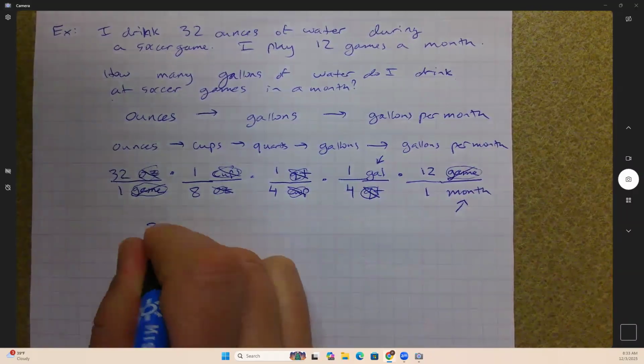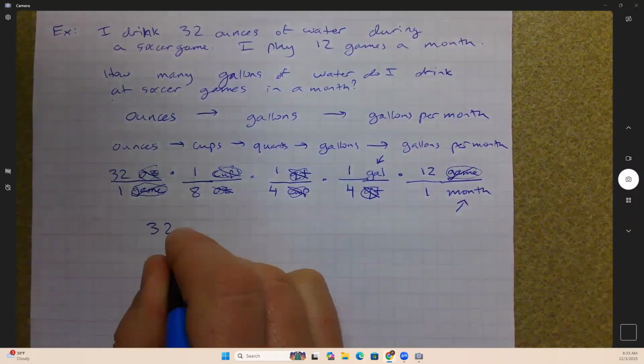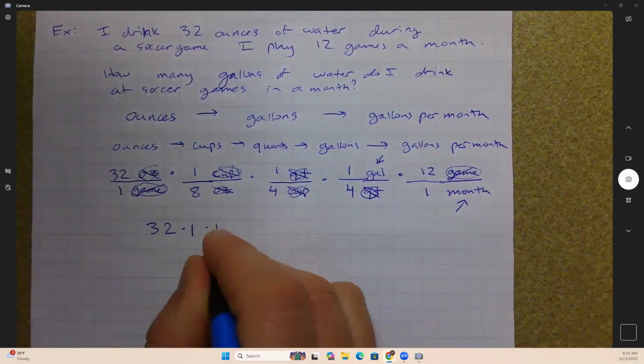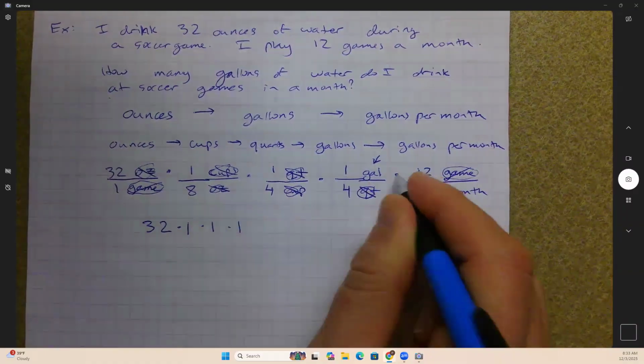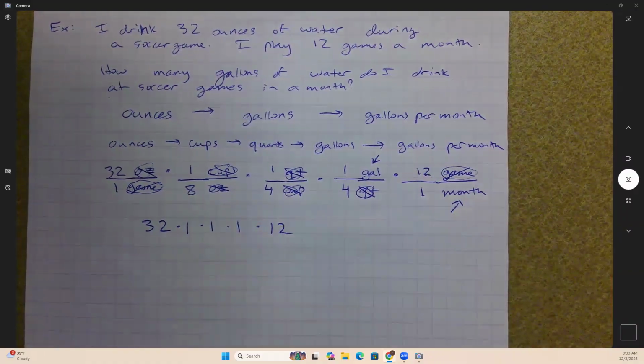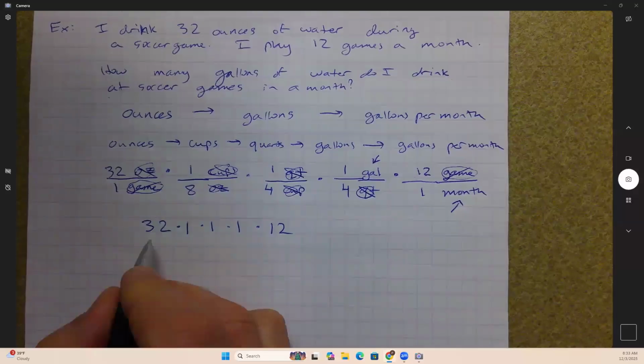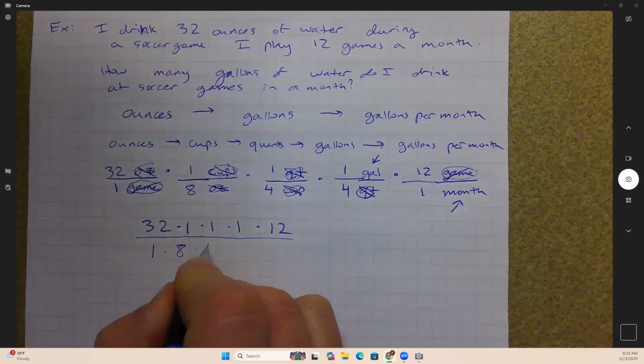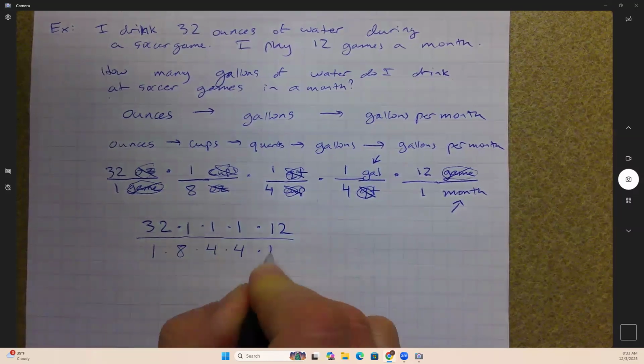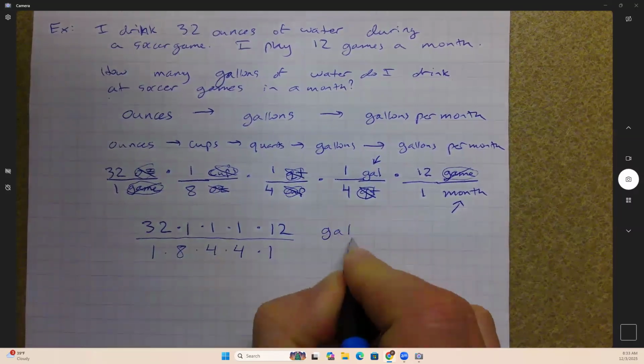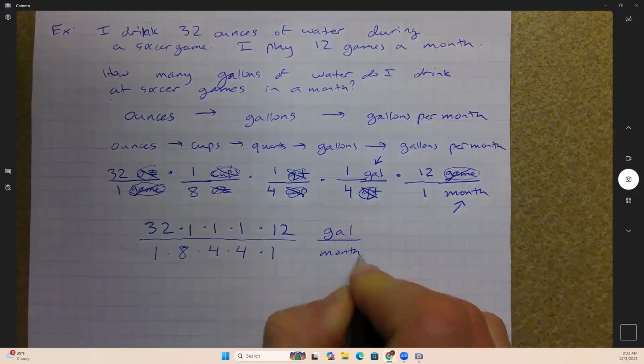And I string all the numbers together, 32 times 1 times 1 times 1 times 12. And then I'm going to divide all of that by 1 times 8 times 4 times 4 times 1, gallons per month.